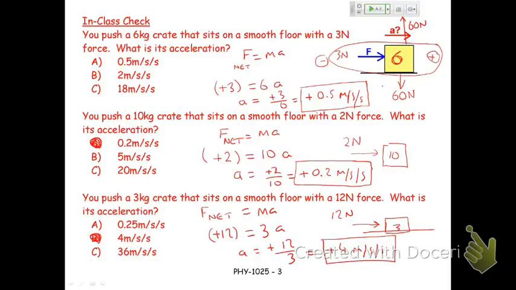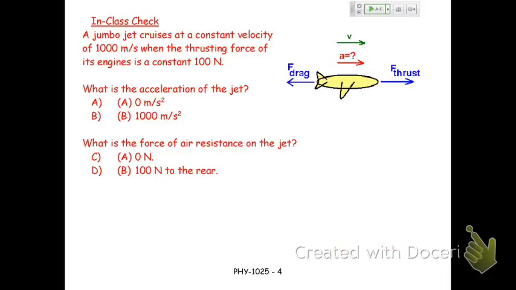So that's simple. Let's do the next one. A jumbo jet cruises at a constant velocity of 1,000 meters per second when the thrusting force of its engines, which I put on the diagram so you could see the direction, is a constant 100 newtons. So there's the setup.